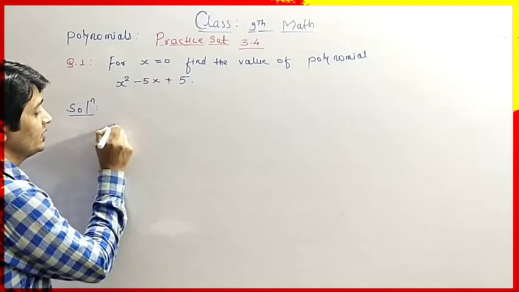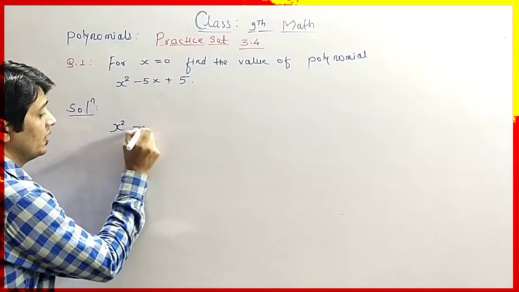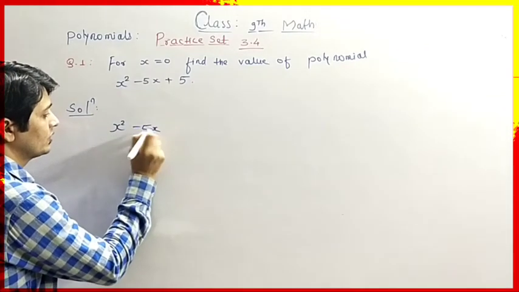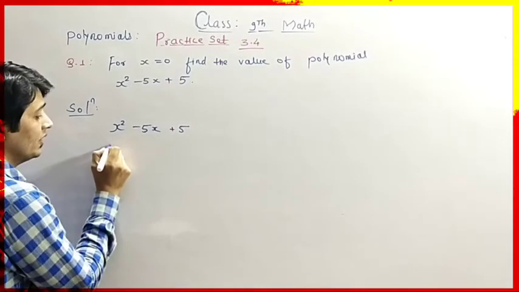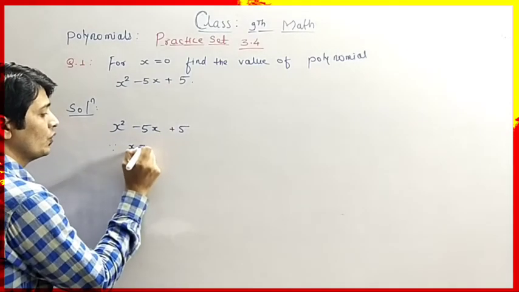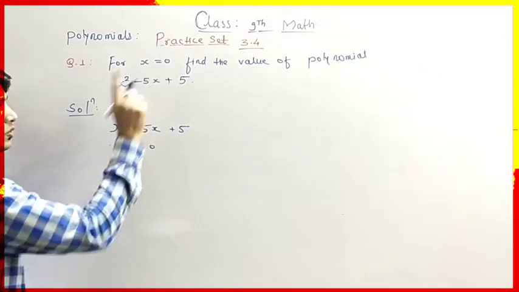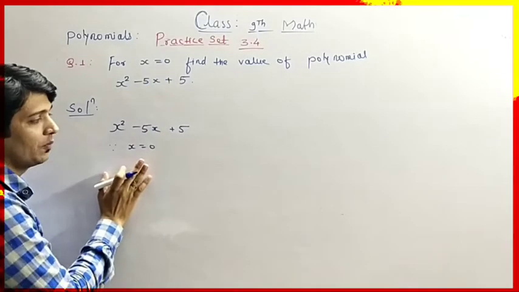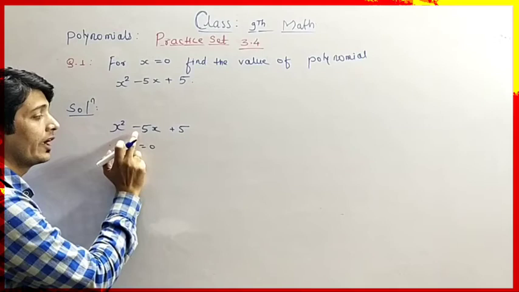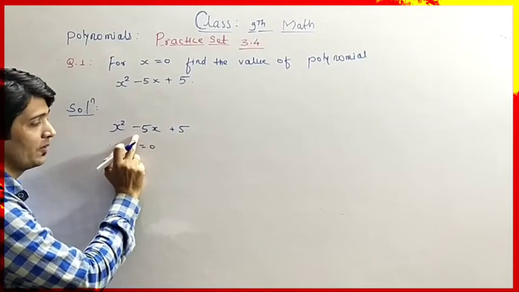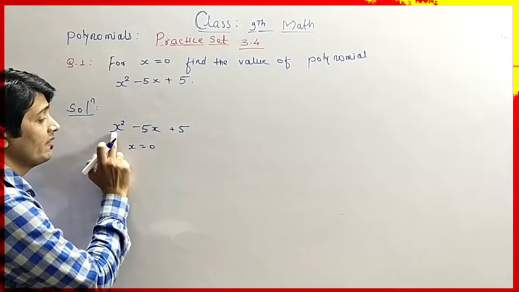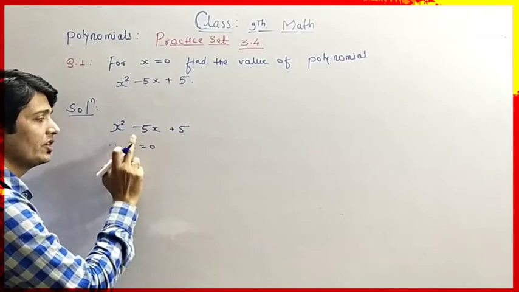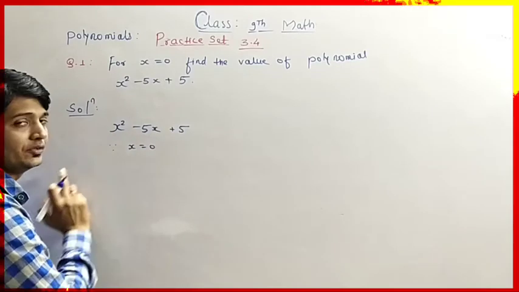So the polynomial is x square minus 5x plus 5. Since x equals 0, we have to use that in our polynomial in order to calculate its value. Wherever we find x, instead of x we have to replace it by 0.